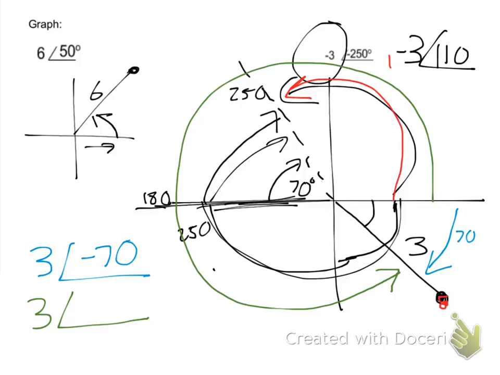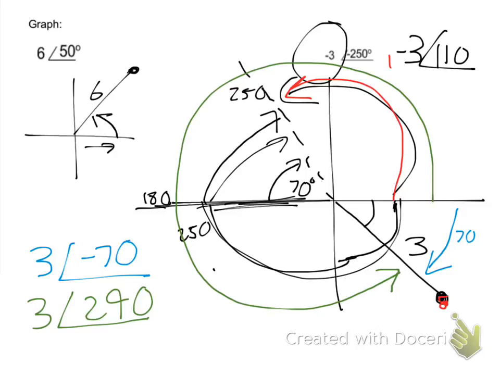Shouldn't be that hard because we already have the other part to finishing the circle. How far down did we go? 70. So if I went the other way, how far would I have to go? Not 70, the green line. The big, long green route all the way around. 290.